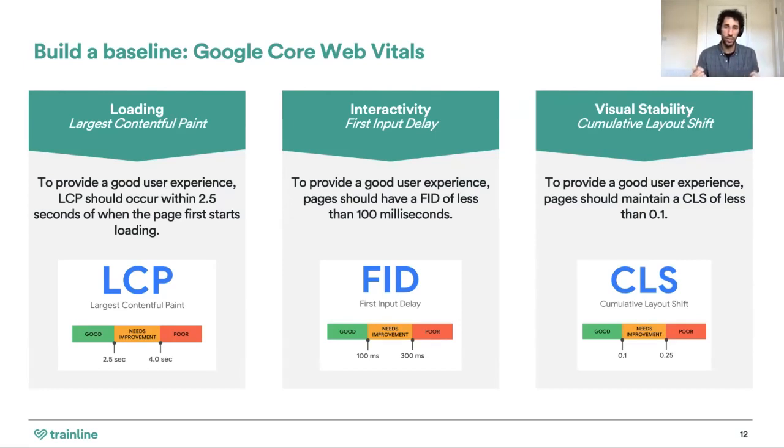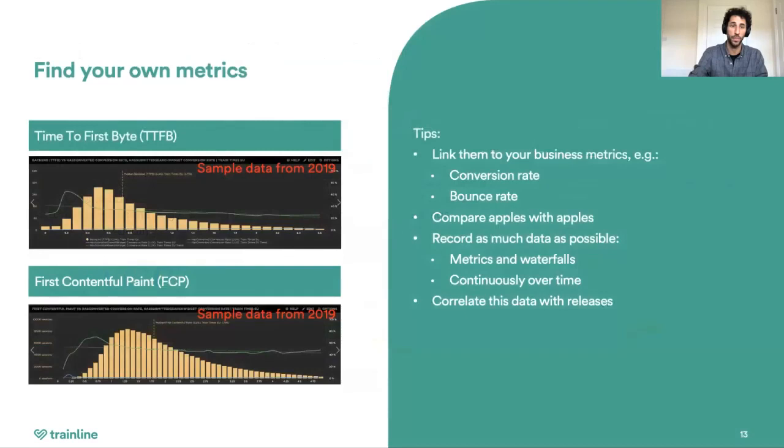You've got the interactivity ready, you load all the content, but if you keep moving things as the content pops in on the page, because it's all asynchronous, each and every individual component is actually interactive, but they pop up and they move stuff. Well, it's hard for the user to start interacting with your page as it builds, which then becomes really annoying. So building a baseline with the Google Core Web Vitals is a great start to drive your page experience.